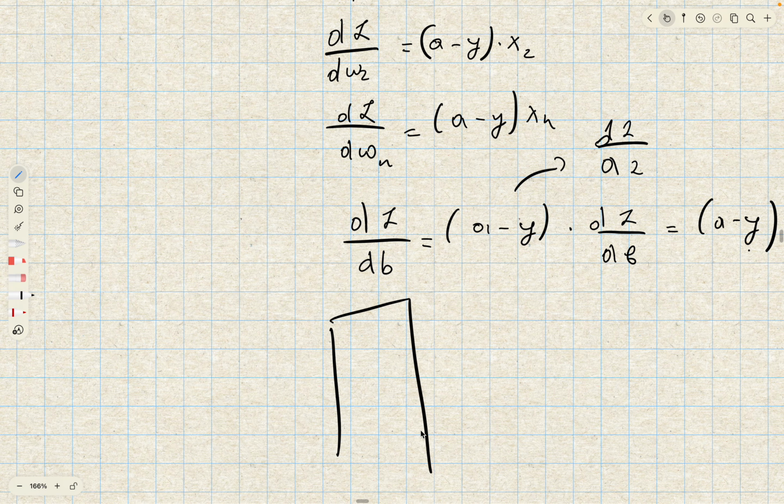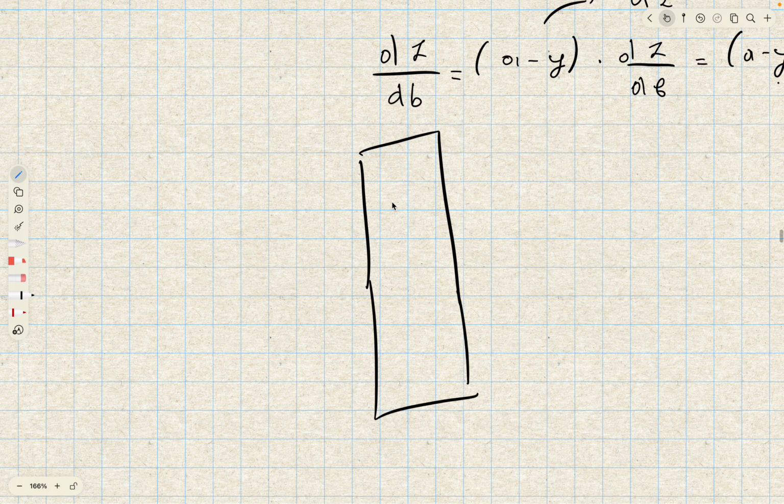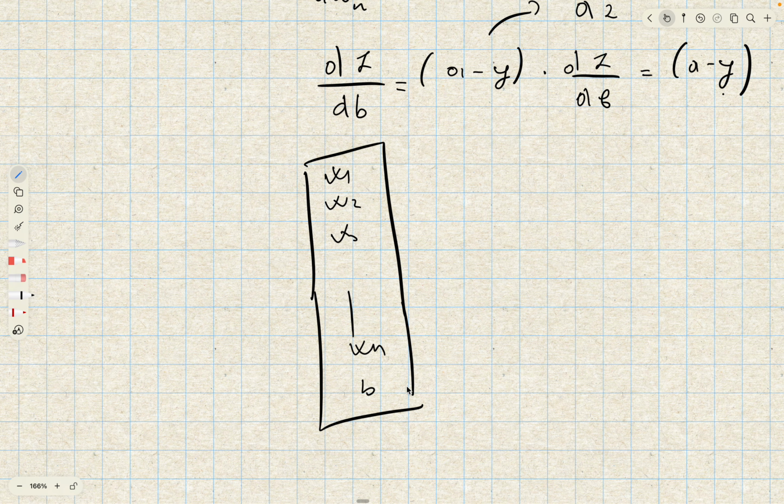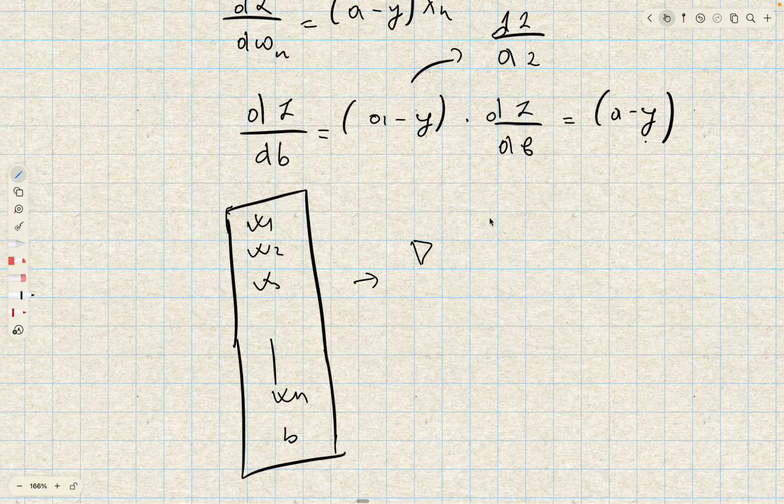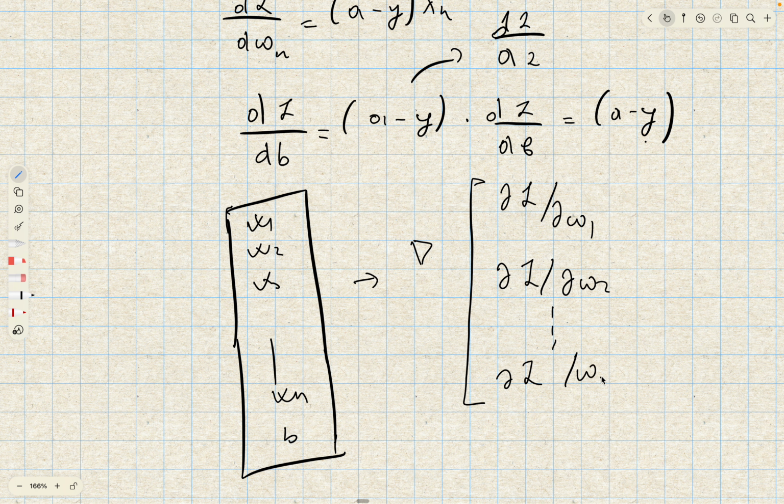This is the vector: V1, V2, V3, V4, up to Vn, and then we have B. And then the gradient that we are looking for is the derivative of L with respect to each of V1 through Vn, and then this with respect to B.